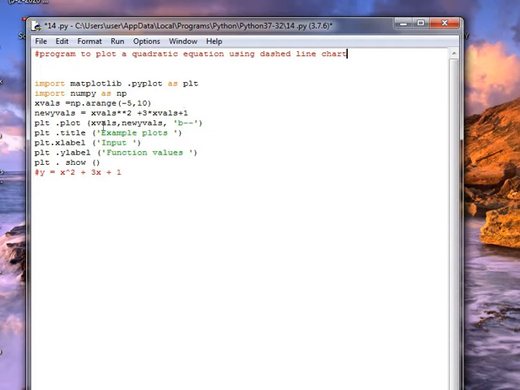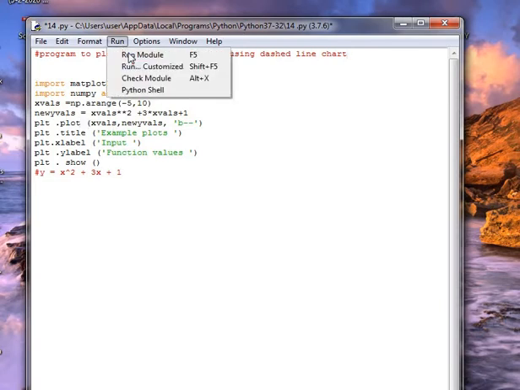Then we plot x value and y value in a blue colored dashed line. Title here, x label here, y label also here, show. Okay, so our quadratic equation, x raised to 2 plus 3x plus 1, will be labeled here in the y value, y-axis. Okay, we run the script.